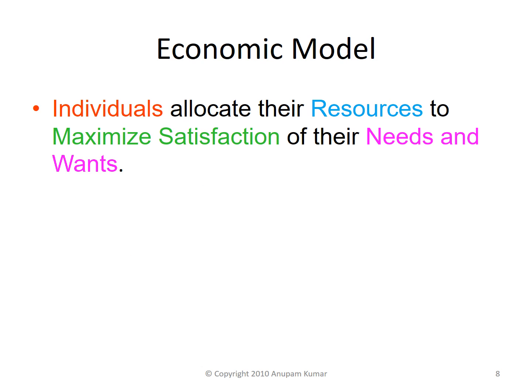Just as in the last case, we saw that there was an anomaly which could be explained only through the theory of marginal utility. Let us have a relook at the economic model from another angle. The model states that individuals allocate their resources to maximize satisfaction of their needs and wants.